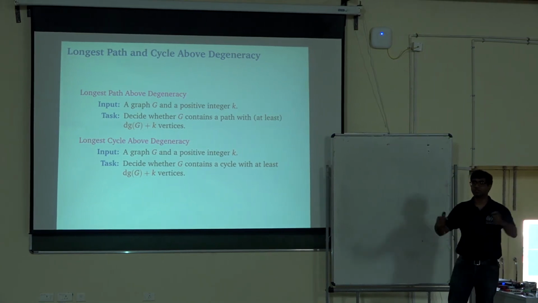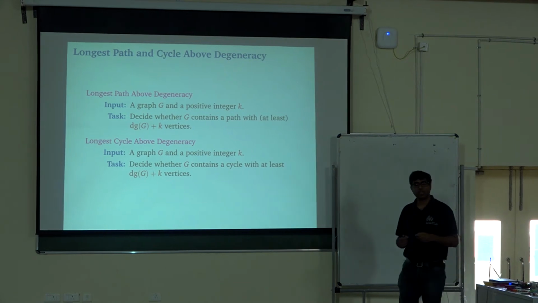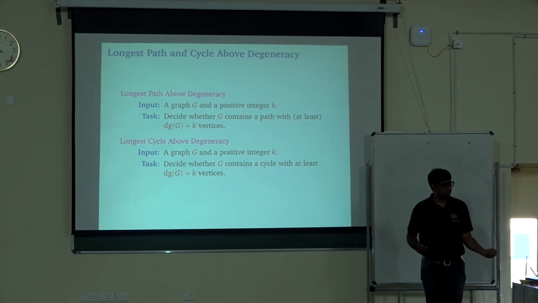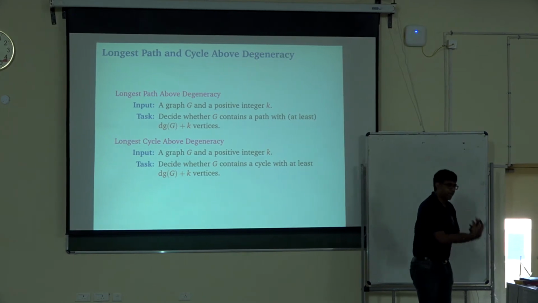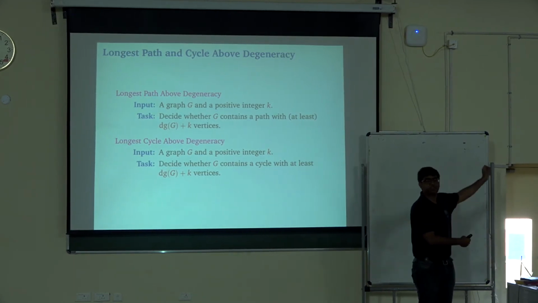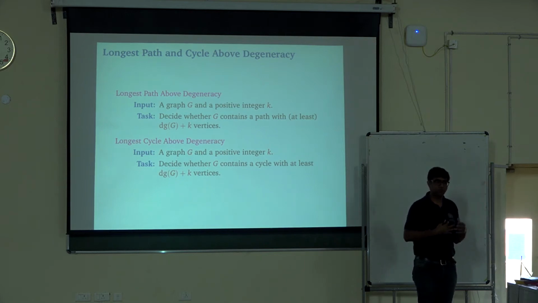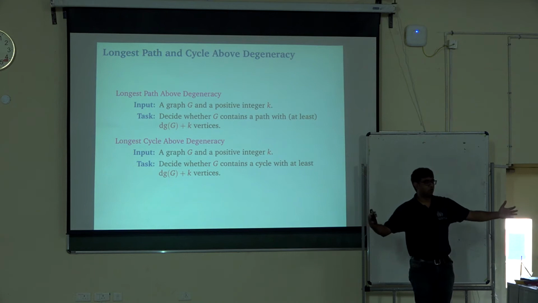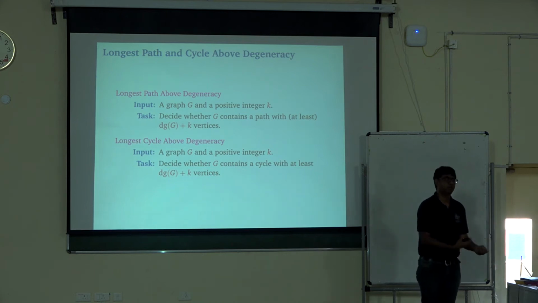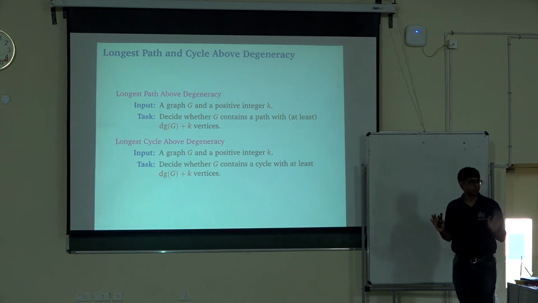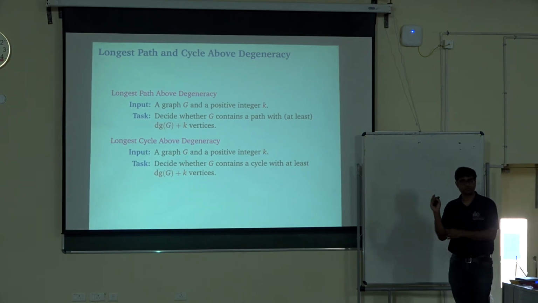I know there always exists a cycle of length degeneracy of G. Can you give me a cycle of length degeneracy of this graph plus k? Notice I'm asking a slightly more difficult question than just asking k-path, because now I'm asking you to give me a path which is slightly longer with respect to some structural parameter, the degeneracy. Is the question clear? And the word degeneracy is clear? Okay?